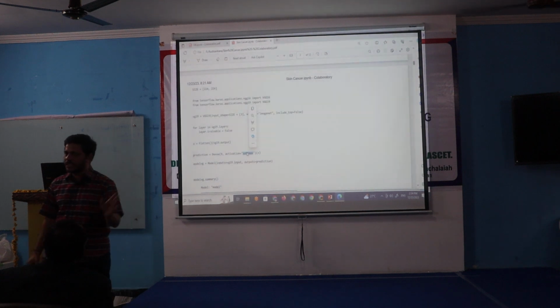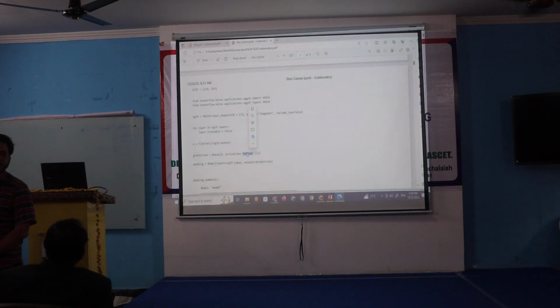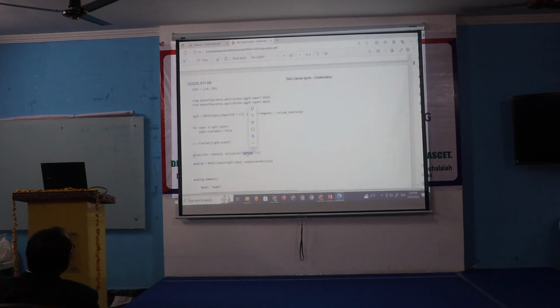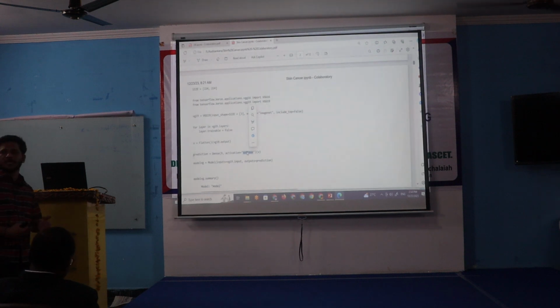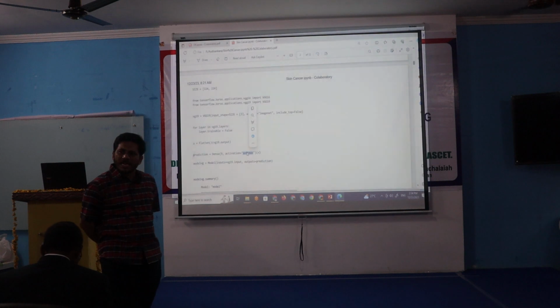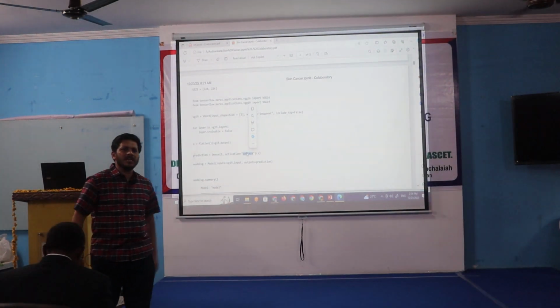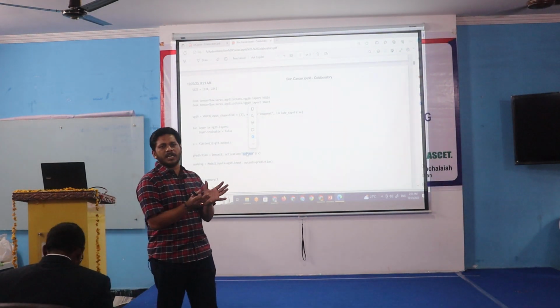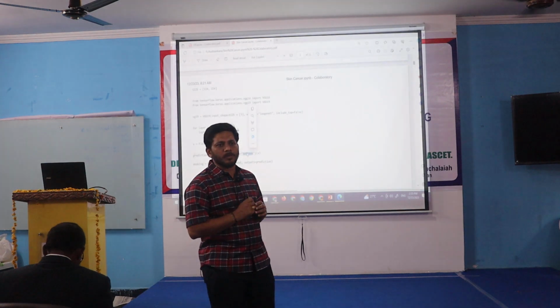We need to make the decision. For decision-making purposes we have taken softmax, and the number of outputs is 9. If my number of outputs is 3 or something else, you can mention that there, and you can train them all. Now, is the training for the entire network, or is it only for the output layer?